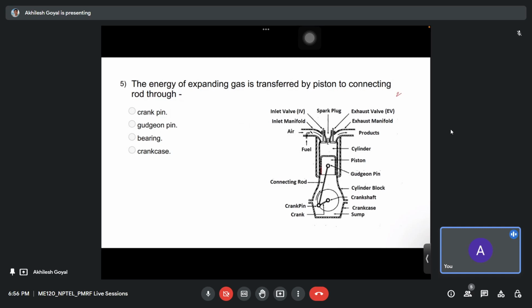So this is the piston here and this is the connecting rod, and these are connected with gudgeon pin. Okay, so here the option gudgeon pin is right. The energy of the expanding gas is transferred by the piston to connecting rod through gudgeon pin only. Okay, this is the right answer.